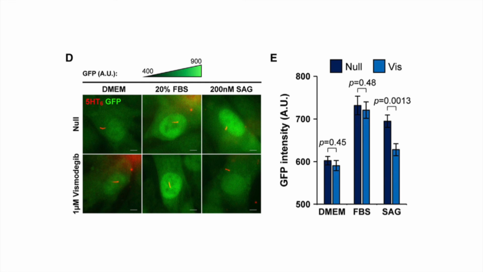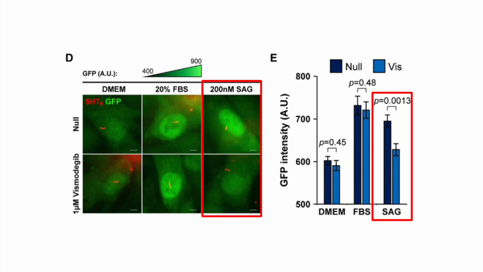This was confirmed by treatment with vismodegib, a smoothened antagonist which inhibits the hedgehog signaling pathway and as such should show a decrease in the levels of green fluorescent protein. Vismodegib was able to prevent the green fluorescent protein fluorescence increase seen in the SAG-induced conditions.